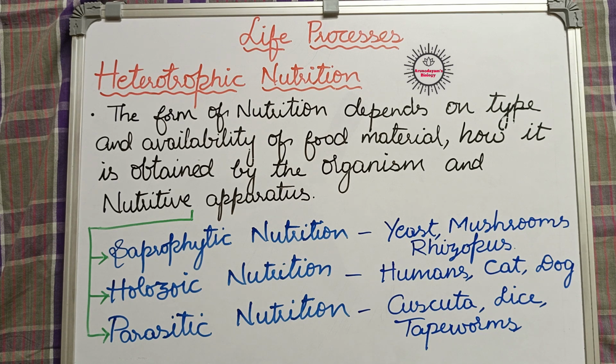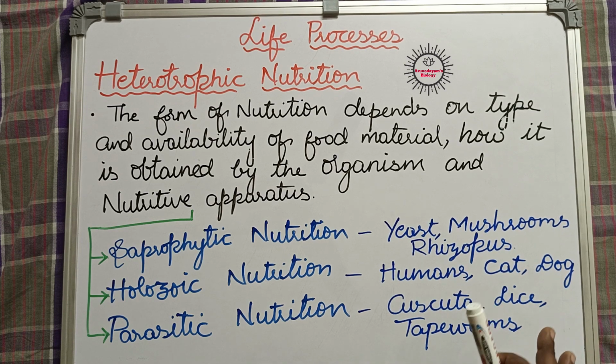Sometimes they might cause harm to that organism, while sometimes not. That type of nutrition is called parasitic nutrition. Examples are cuscuta, lice, tapeworms, etc. All these organisms will depend on the digested food of other organisms without killing them. Sometimes they cause harm to them, while sometimes they do not.